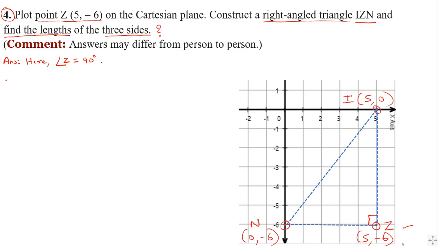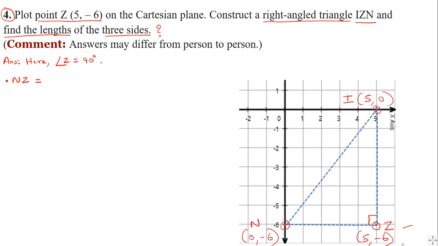So now first we will find the length of the side NZ. Now for NZ, you see, we have to leave the same coordinates. So here we have minus 6, here also we have minus 6.